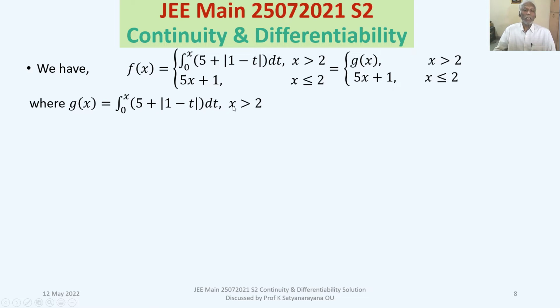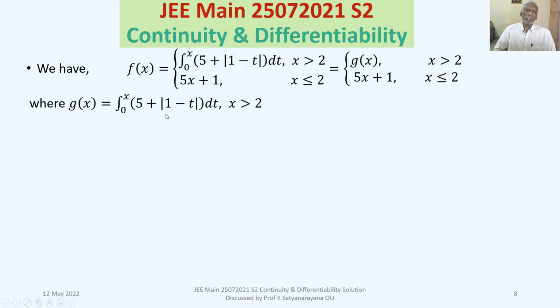Now, x is greater than 2 and the integration is from 0 to x. That means t varies between 0 to x where x is greater than 2.